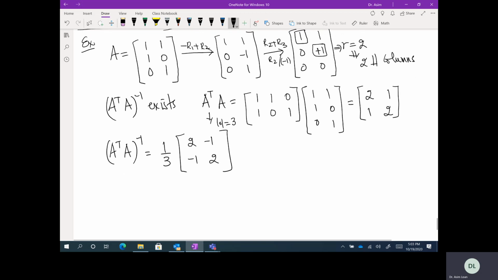And my pseudo inverse is simply A transpose A whole inverse times A transpose, which is equal to, and what is A transpose? So this is A transpose. When I multiply, I will get a 2 by 3 matrix.